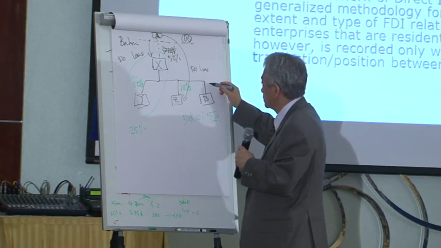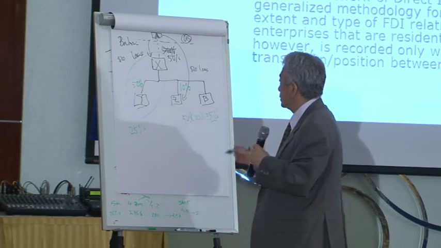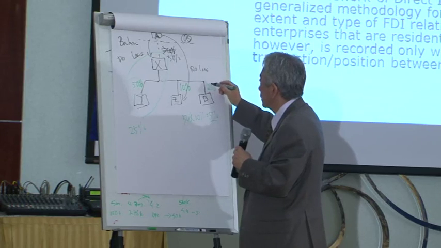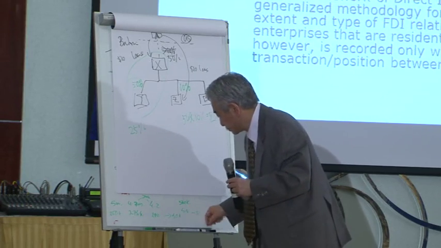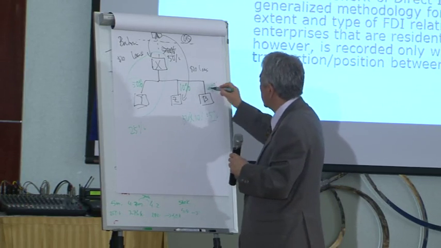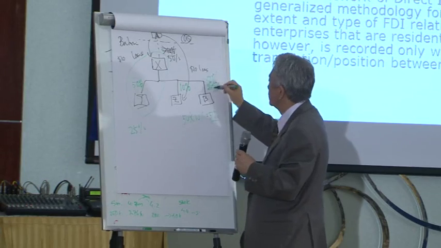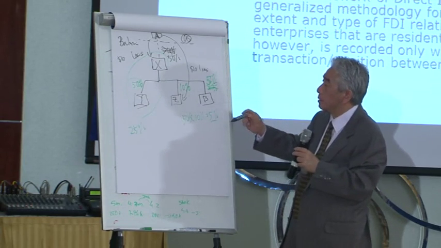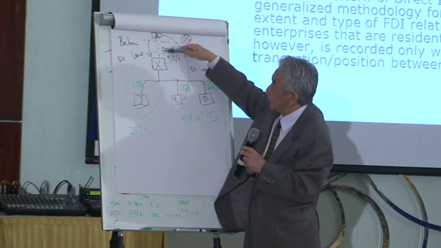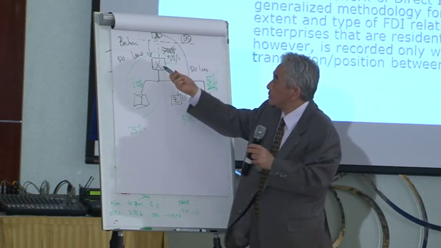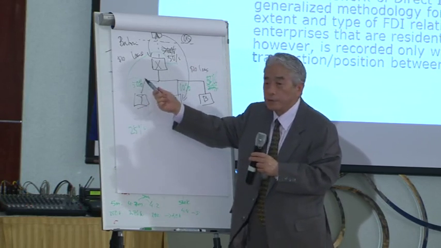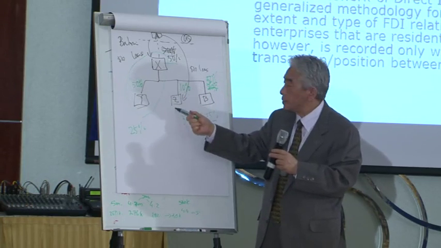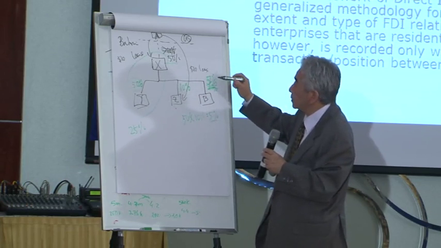Again, let's consider 50%, for example. X owns B 50%, which is the majority. This is already an FDI relationship, that's fine. Then between X and Y, it's a majority, more than 50%, so Y is included. Z, less than 50, is not included. This one, again 50%, is included.